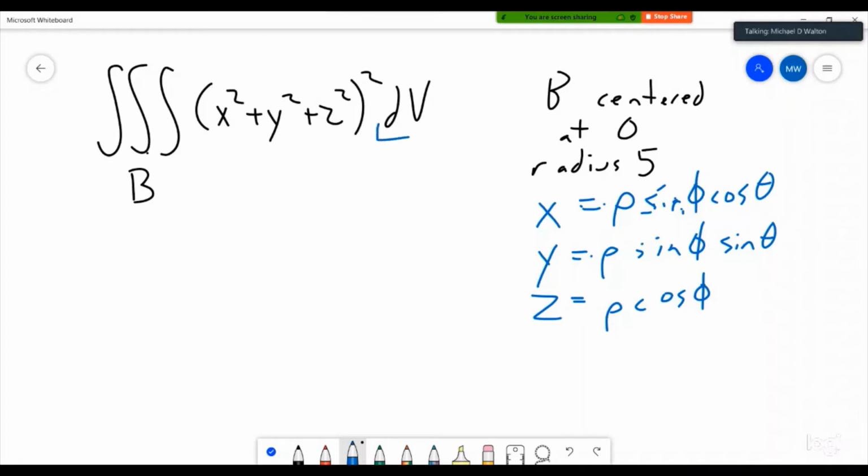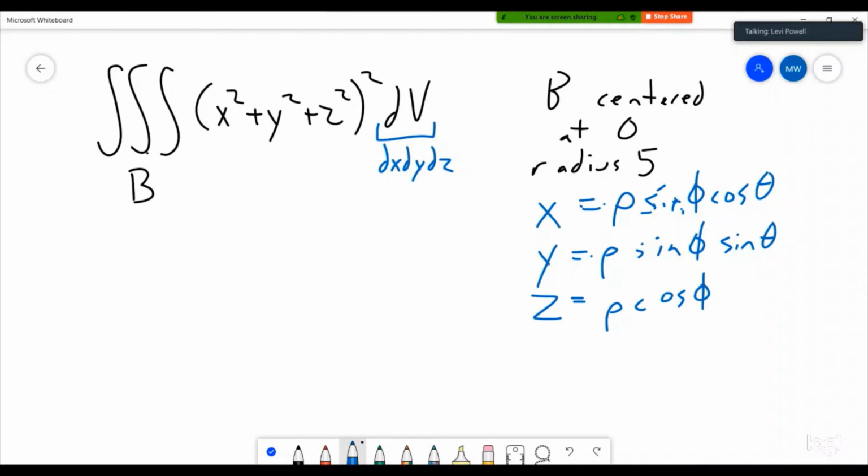This dv is thought of as like a dx, dy, dz. Do you remember the substitution that we make when we are trying to figure out what that would be in spherical coordinates? For polar it's r dr d theta, but for spherical coordinates it's just a little bit more complicated.